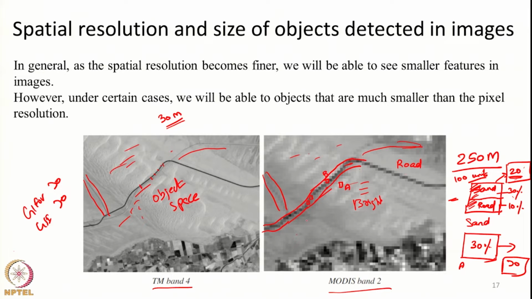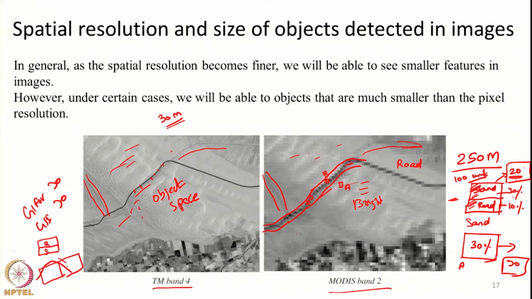But just remember one thing, here the road appears much sharper, here the road does not appear much sharper because of the much larger JFOV. The road and sand may not be distributed like this, it may be something like one portion having a larger sand component, another portion having a larger road component and so on.